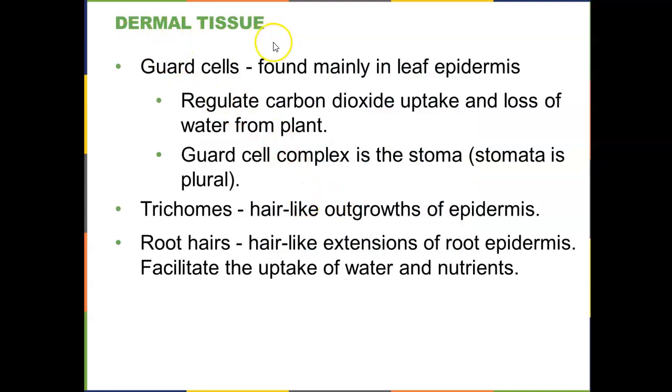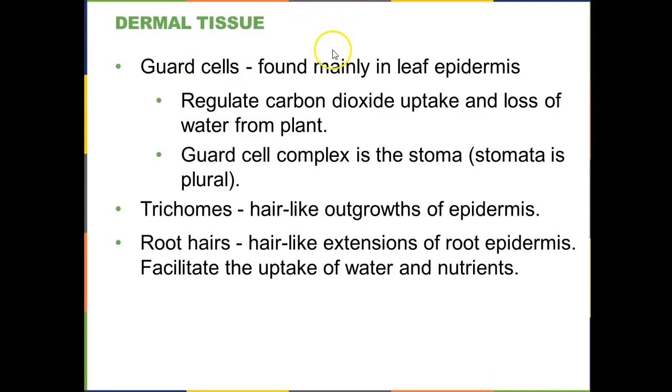All right, dermal tissue. Again, that's the outer surface of any of the herbaceous parts of a plant. So green stems, young roots, leaves, flowers, petals, all of those structures are going to have a dermal layer on them. And within those dermal cells, we'll have pairs of cells called guard cells that can move away from each other and create an opening between them called a stoma.